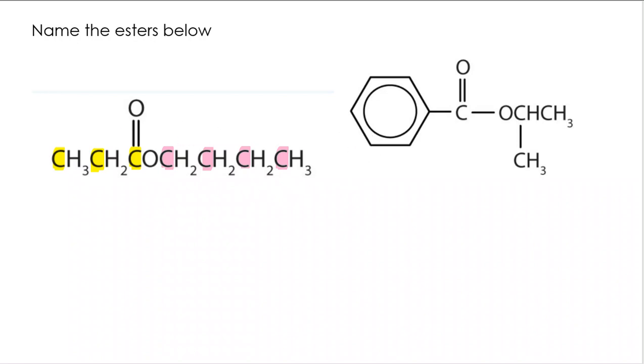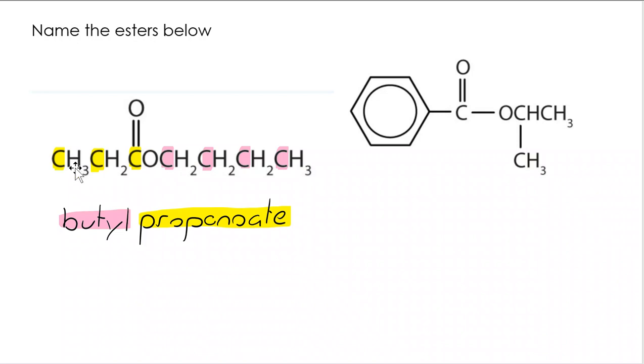That means that here I am starting with butyl. The remainder of the name comes from the ion that we yield from the acid that makes this ester. So you can see here, if I replaced this butyl group with an H, it would be propanoic acid. That means that what we're left with is a propanoate ion, so it becomes butyl propanoate.